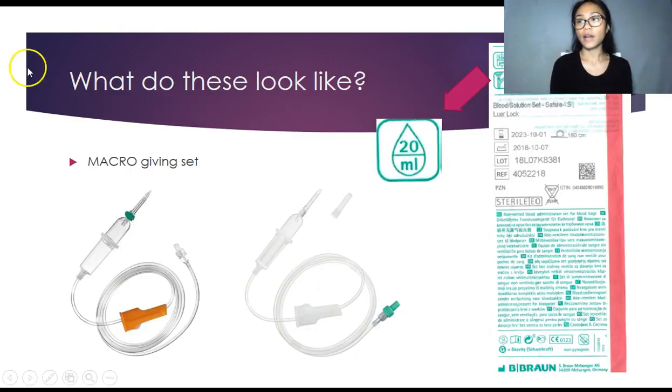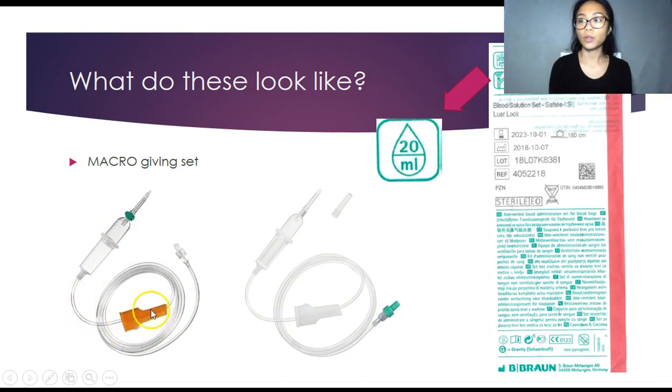So here I've got a number of pictures. This is what a macro giving set looks like. So here you have the spike. This is what will pierce the IV fluid bag through the port, and I'll show you what that looks like as well in the following slides. So underneath you have the drip chamber that needs to be eventually filled with fluid, but part of it needs to be not filled with fluid so that you can actually see the drops dripping through the drip chamber.